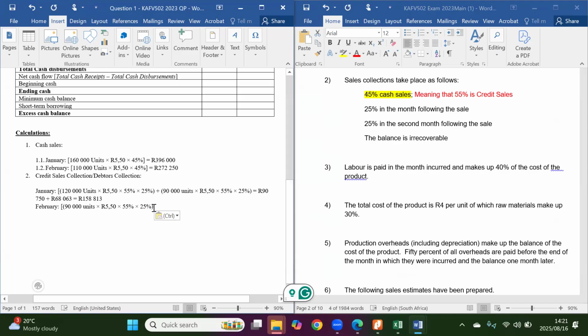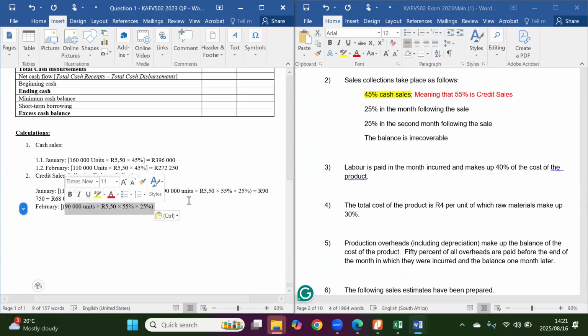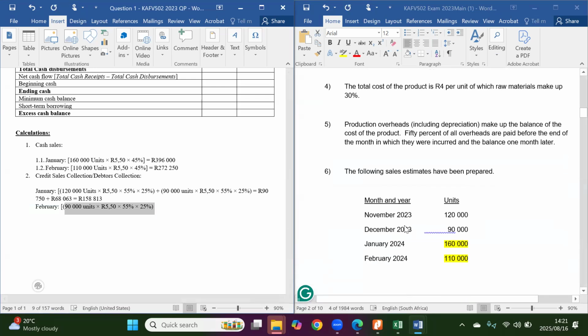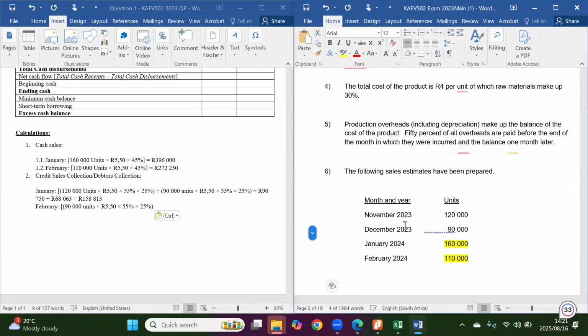This indicates the second payment of December, which is made in February of 2024. So as far as December's credit collections are concerned, we are done with December.